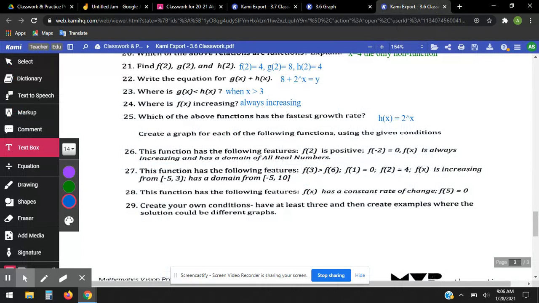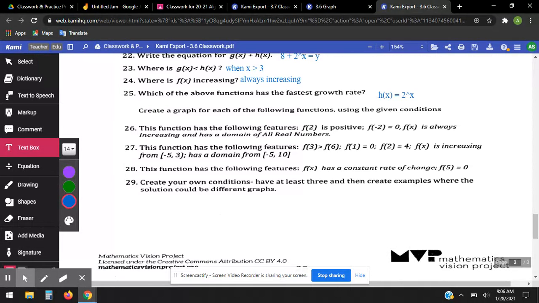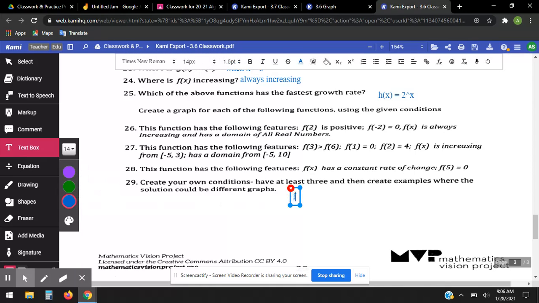For the last one, create your own conditions, have at least 3, and then create examples where the solution can be a different graph. I actually went ahead and did this one ahead of time. So my criteria that I came up with for this is I had f of 4 equals 3.